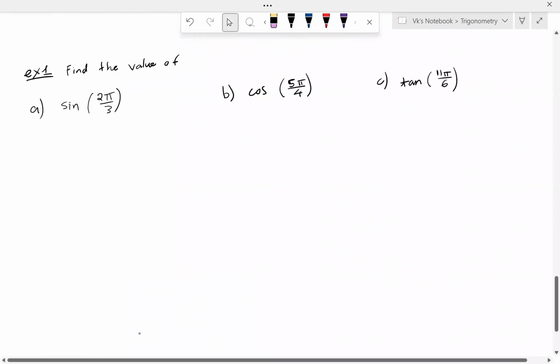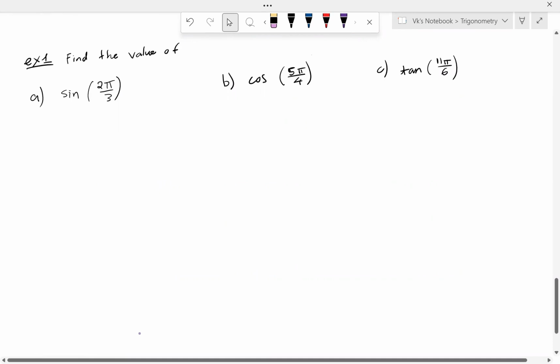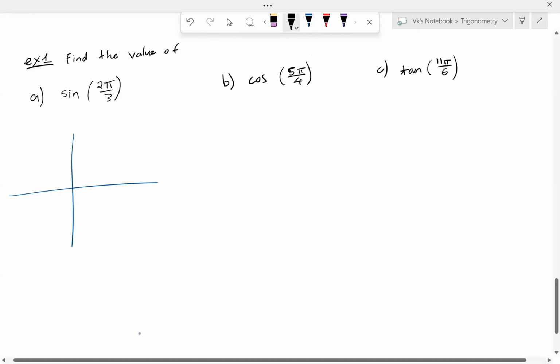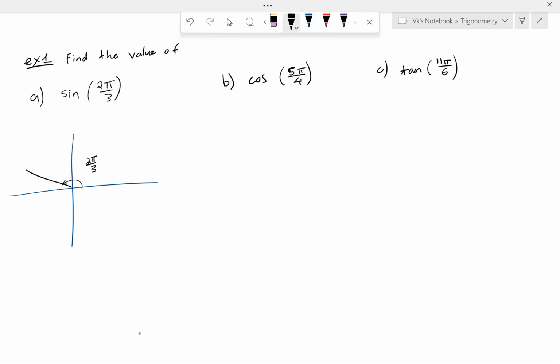Let's take a look at some examples. Example 1, find the value of sine 2 pi over 3. Let's do some sketch here. Two pi over 3 is in the second quadrant. The corresponding right triangle is this one.